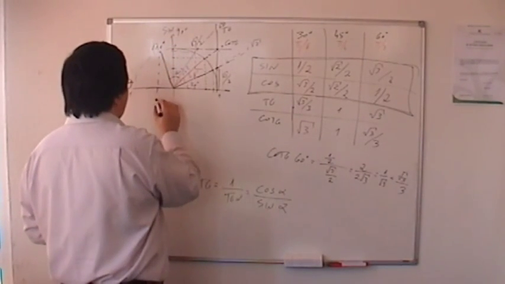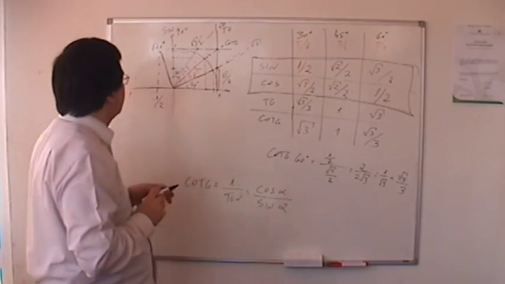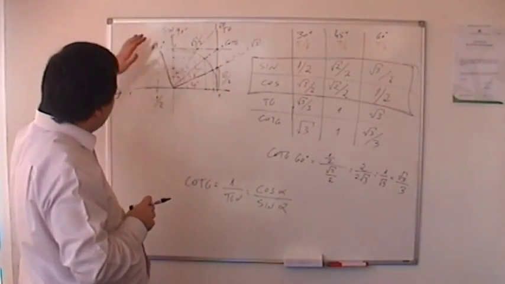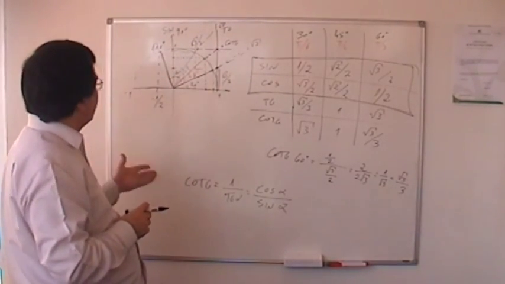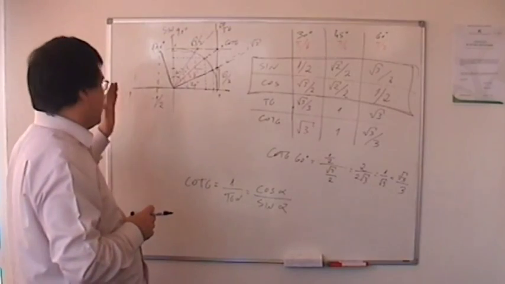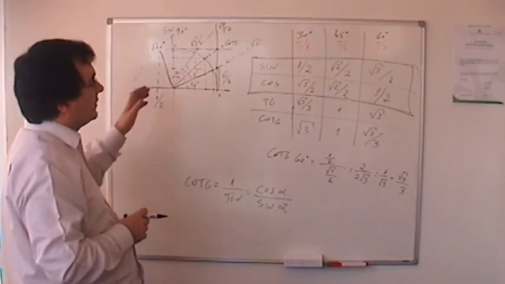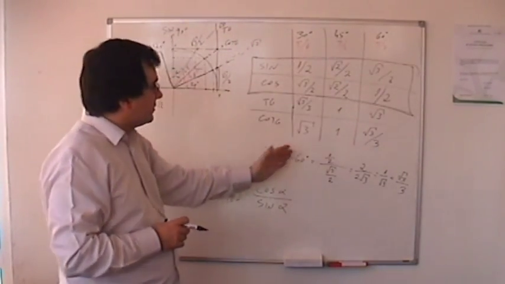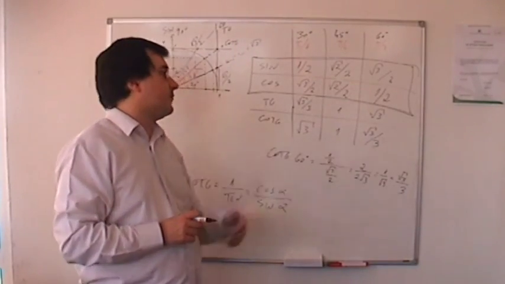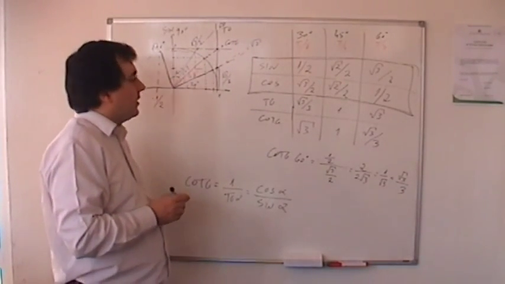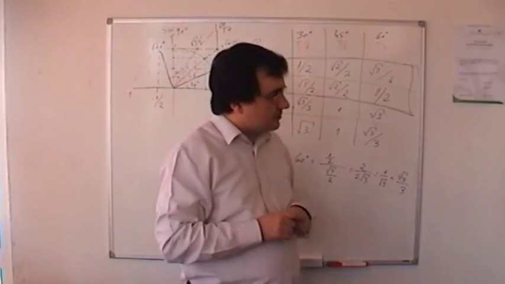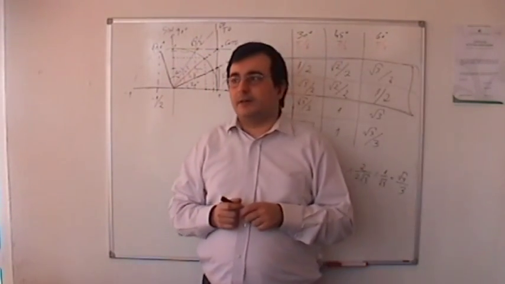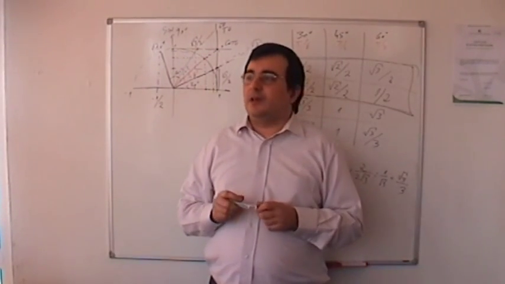The cosine will be minus 1/2, and things like that. So you have to be careful with the signs, but every value you get will always be around these values here. So it's very easy.